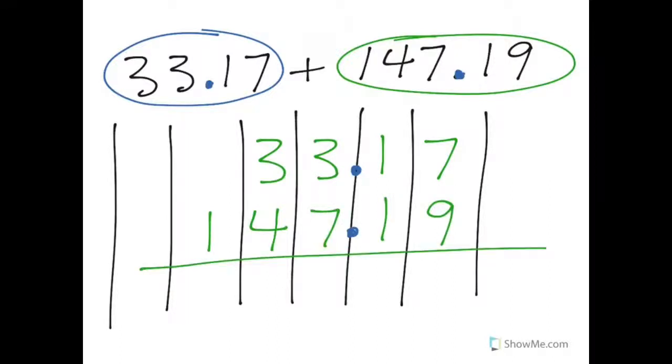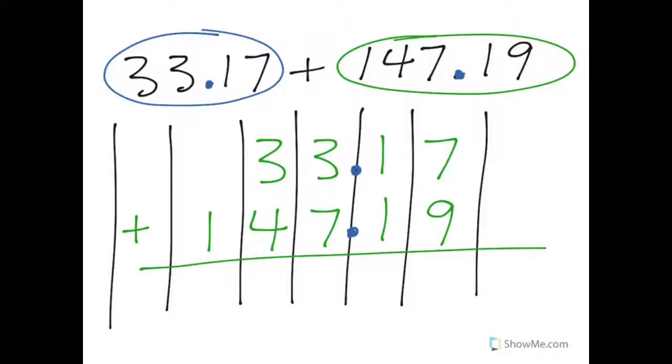As long as I put the decimal points down first, all the rest of the place values will be automatically lined up. This is the beautiful thing about using the decimal points and place values in the line it up strategy. So we can easily add these, and hopefully more accurately add these two numbers together.